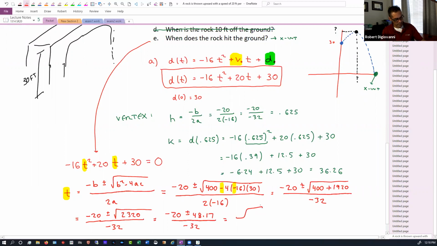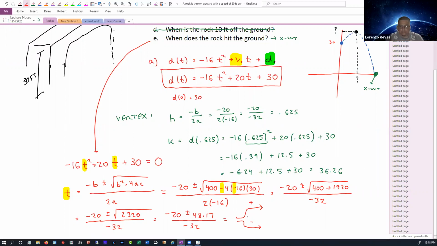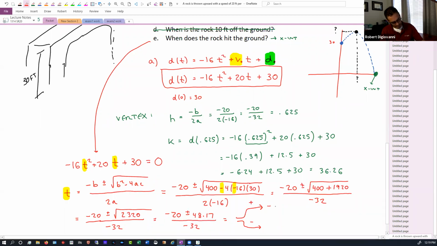And now I have to do both the plus and I have to do the minus. Are y'all following what I'm doing here? Yeah. Okay. I know I'm moving kind of quick through it, but I'm trusting that you could work on your calculator, eventually get this.